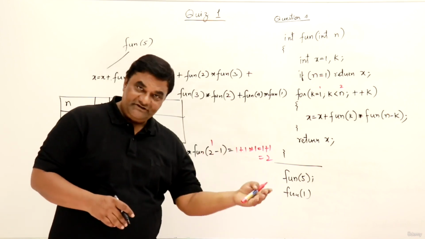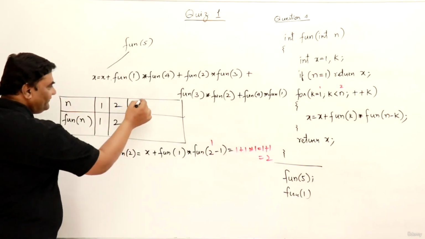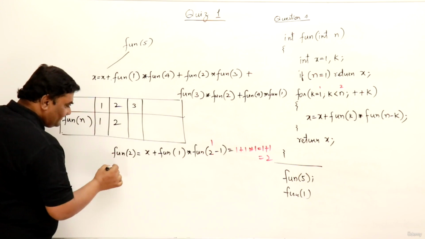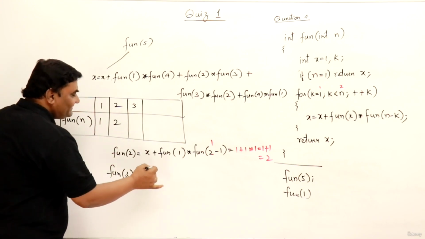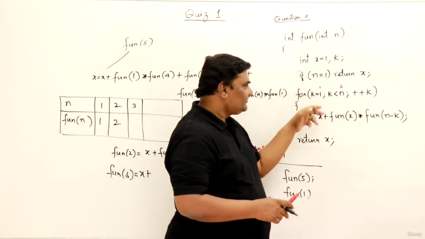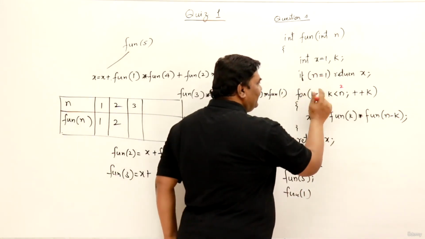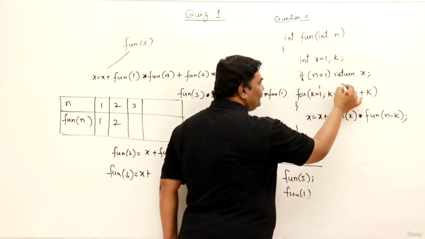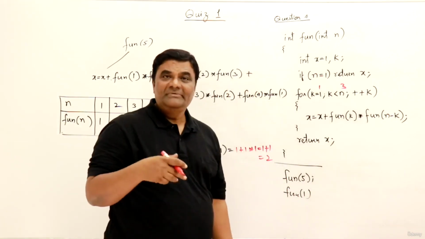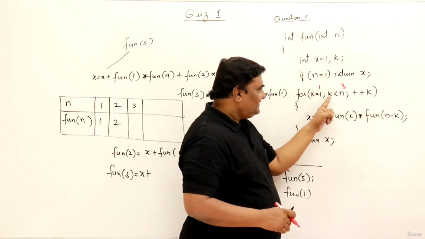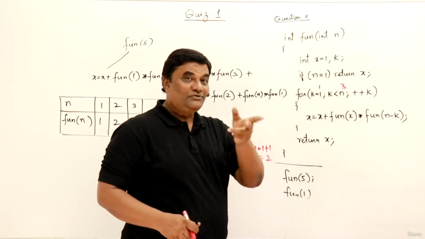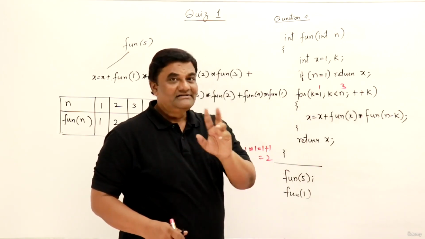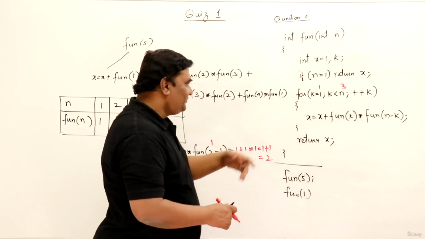Let us find fun of 3. When it is 3, it is not 1, so it will enter inside. This k takes values from 1 to less than 3, so how many times will it repeat? k is 1 and 2, so 2 times. One time k is 1, second time k is 2.